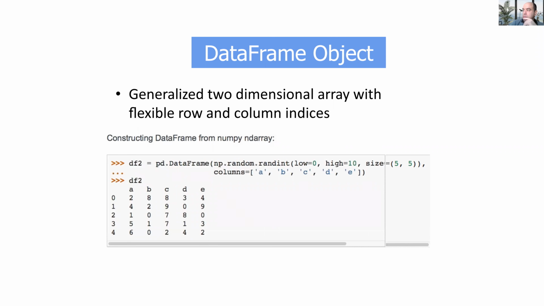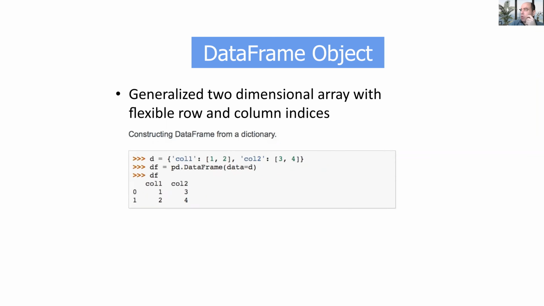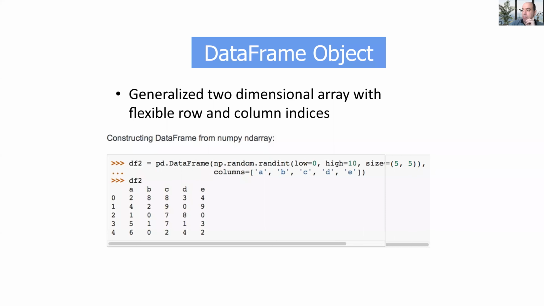So, the same way that we used series to define our data frame, we can use a numpy array. We didn't talk about numpy, but numpy, as I said, involves matrices. So we can construct a matrix using numpy.